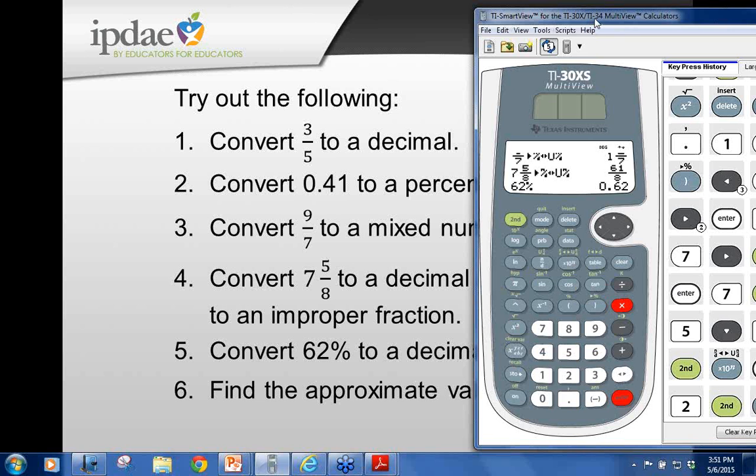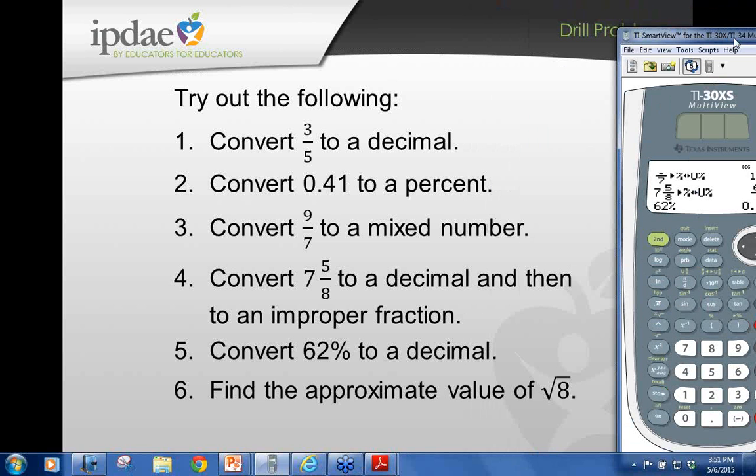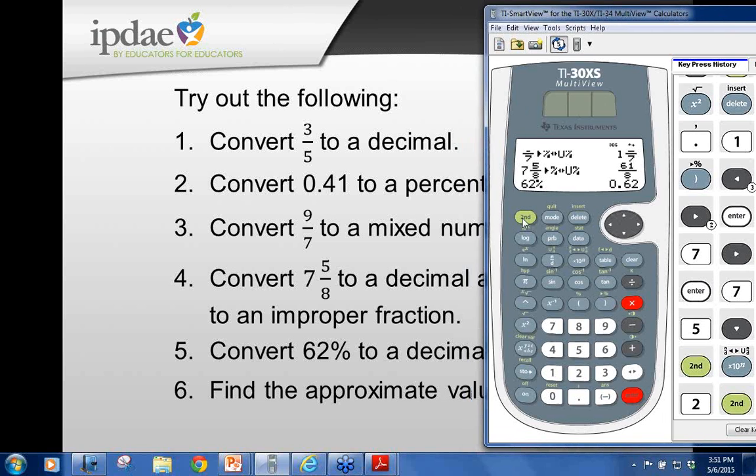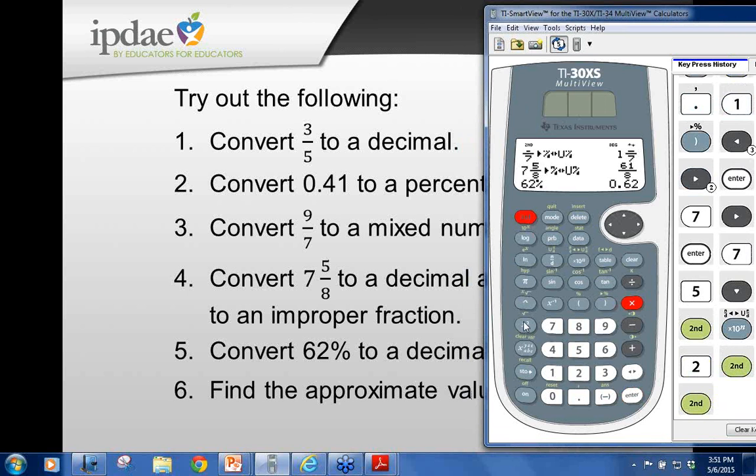And then lastly, we're going to find the approximate value of square root of 8. I haven't showed you radicals yet, so let's do the radical. In order to enter something under the square root, you're going to press second and then this button right here, x squared, and then radical 8. You can enter right away. Oh, this is not what I want.